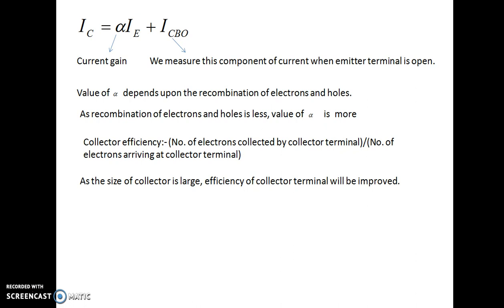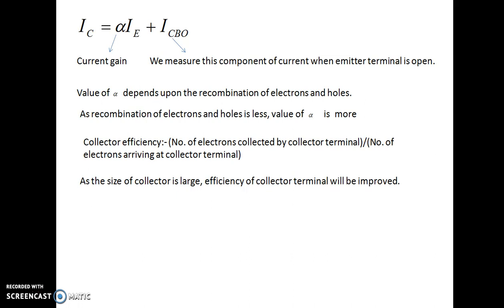Alpha is the current gain, and ICBO measures this component when the emitter terminal is open. Emitter terminal open means the emitter-base junction is unbiased. The value of alpha depends upon the recombination of electrons and holes. If the recombination is more, then the value of alpha is less. And if the recombination is less, the value of alpha is more, and the current gain will be more.